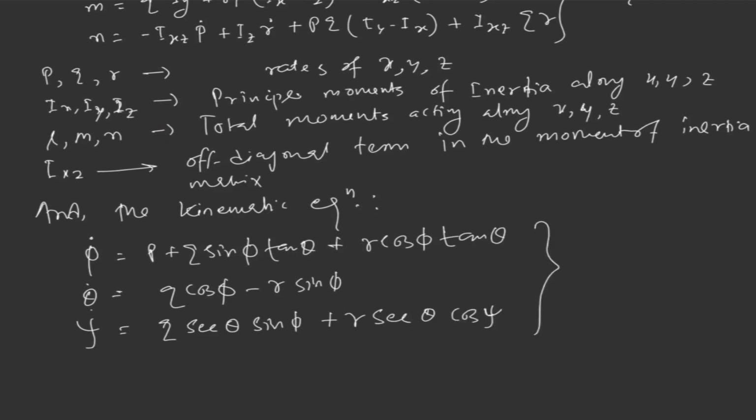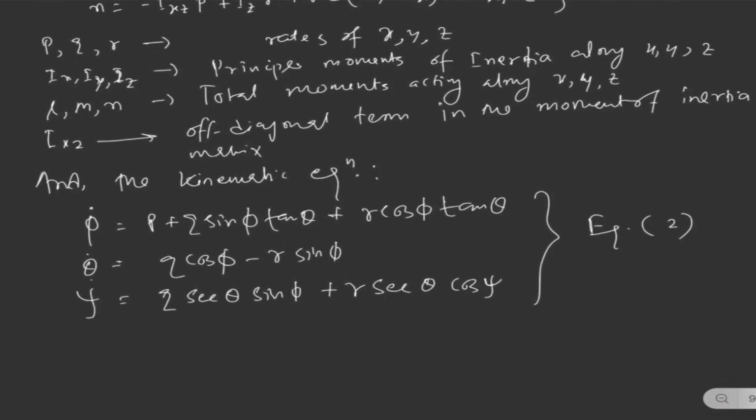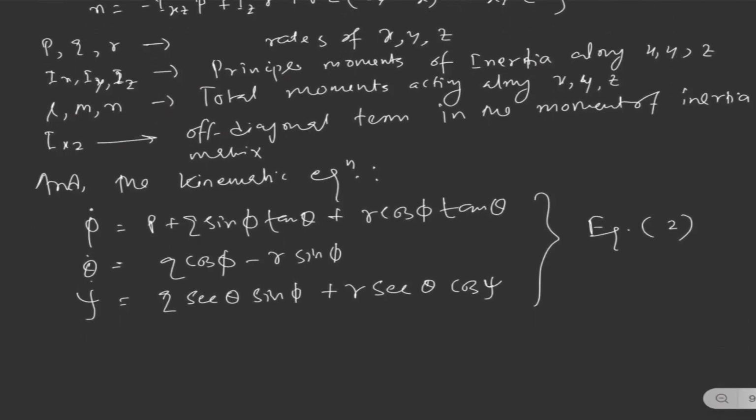And this is the kinematic equation. Let's define this as equation number 2. So here theta, phi, psi are the angles of the axes. Now we'll be using these equations to see how we can design an autopilot for this dynamic system.